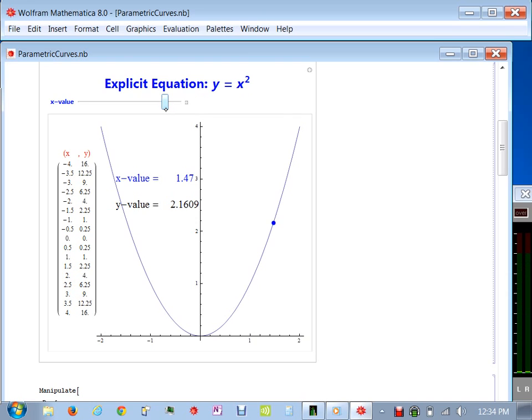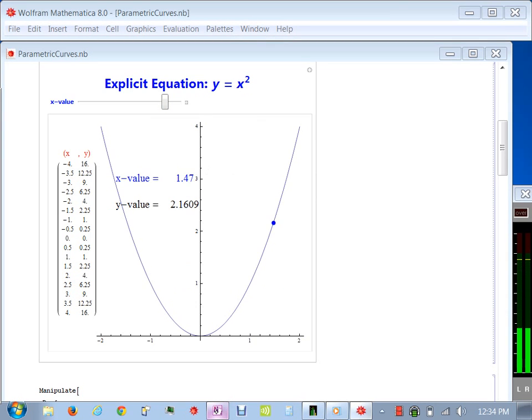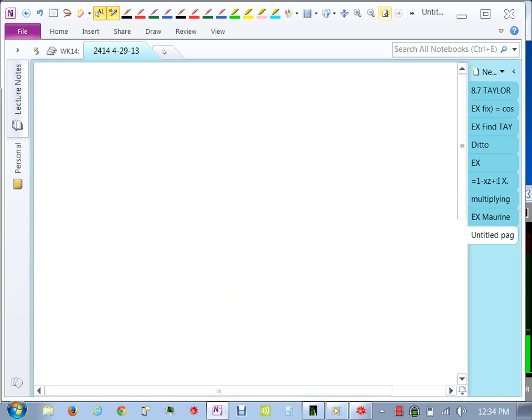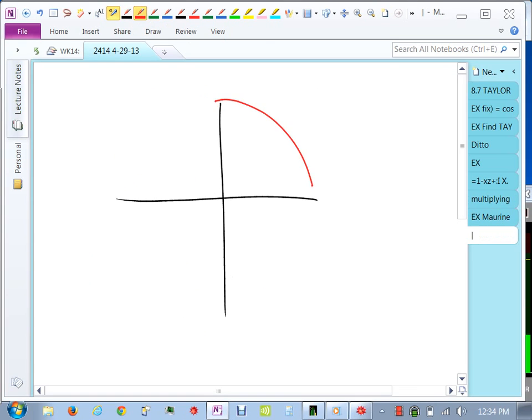Yes? Now what I want you to do is look at what we've always considered to be a circle. Just think about a circle for a second. Is this a function of x?